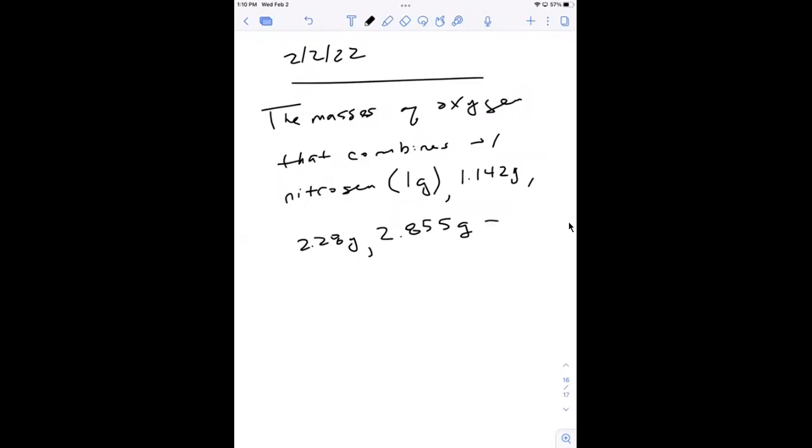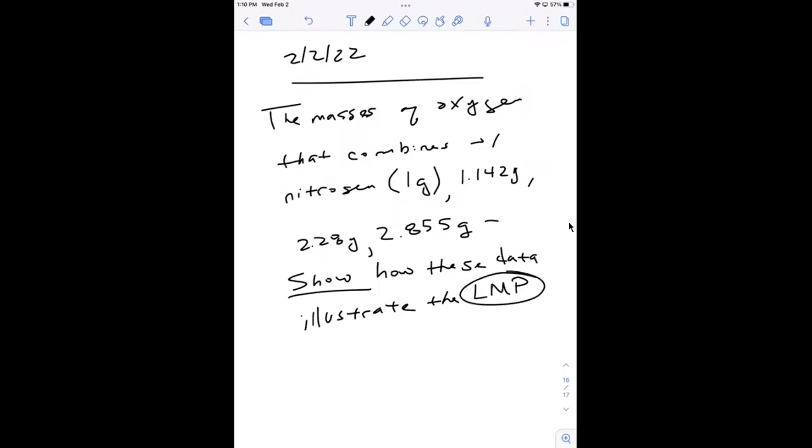And so the question asks, show how these data illustrate the law of multiple proportions. Just going to abbreviate that as LMP, law of multiple proportions. So what should the data tell us? What should these numbers tell us? If I compare the ratios of the masses of oxygen, what does the law of multiple proportions tell us should happen?